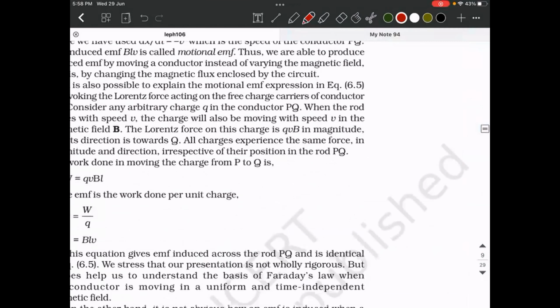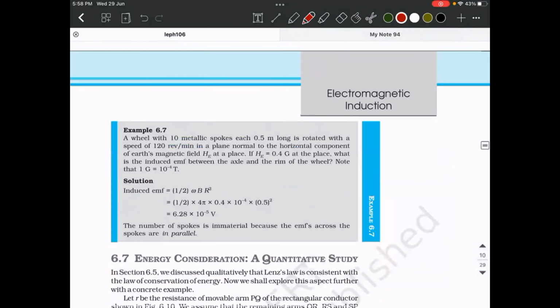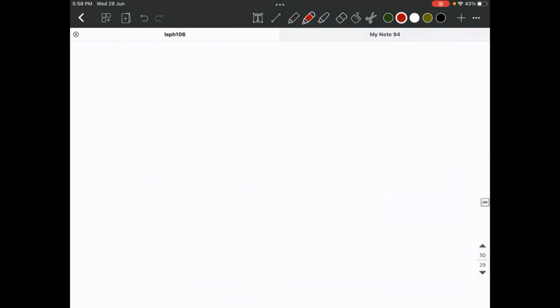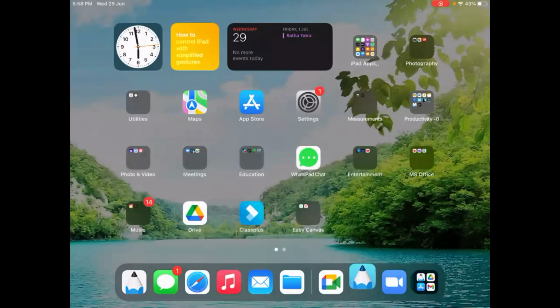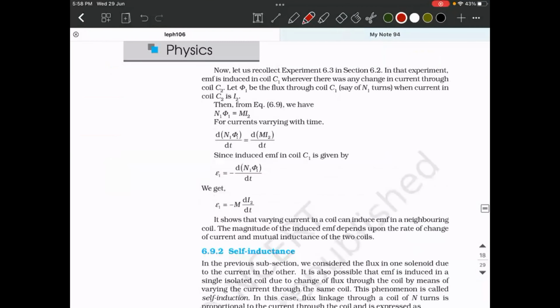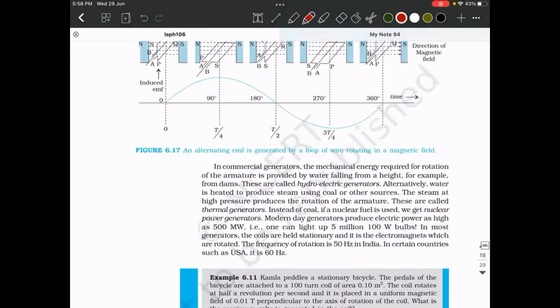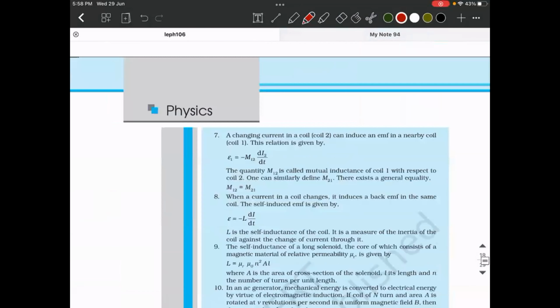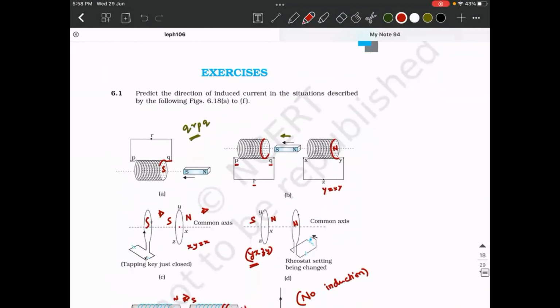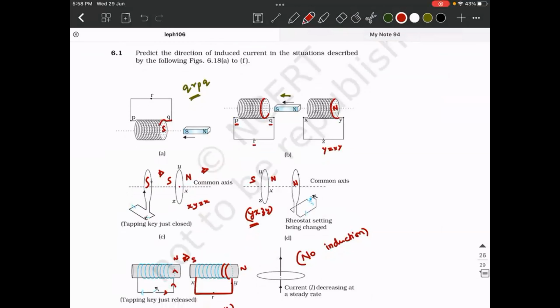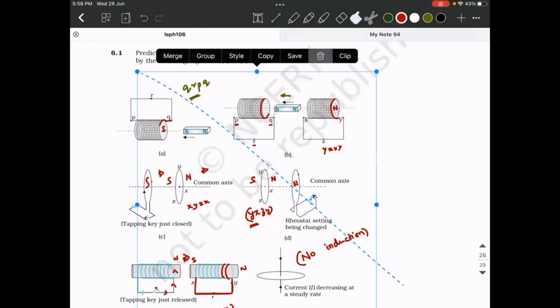Right, this is a very important question. After that, you have some problems with the exercise. We can solve 2 problems for today. Remaining we'll do in the next class.